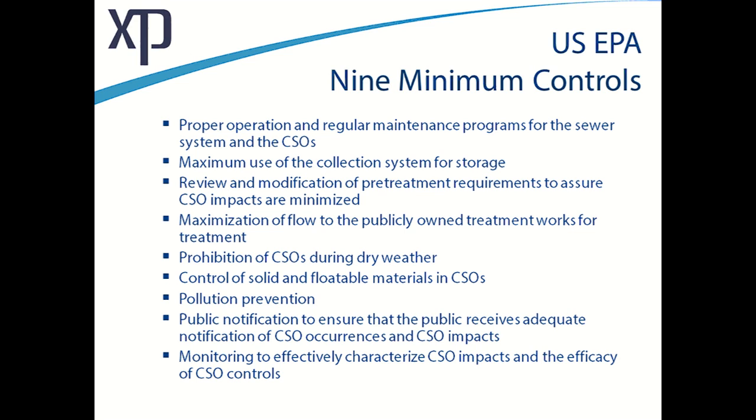I see that quite a bit in Milwaukee, where maybe there'll be some beaches closed after a storm event where the fecal coliform are too high for safe swimming. And then again, monitoring the impacts to the receiving water that it discharges to, and then how effective our controls are.